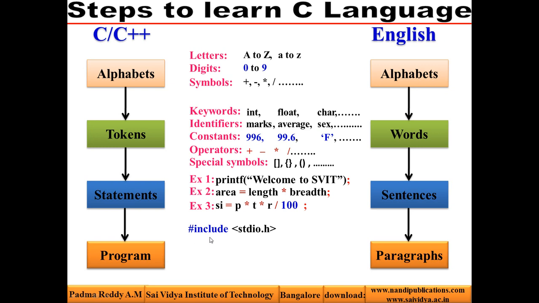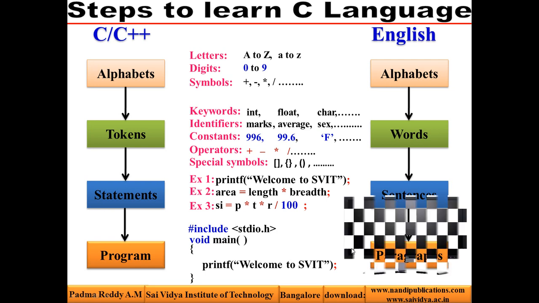Suppose I write #include <stdio.h>, then I write void main, then I write printf welcome to SVIT, and later I close the brace. Now if you observe, this is a program which does a specific activity. Now let us see if I execute this, what will happen.